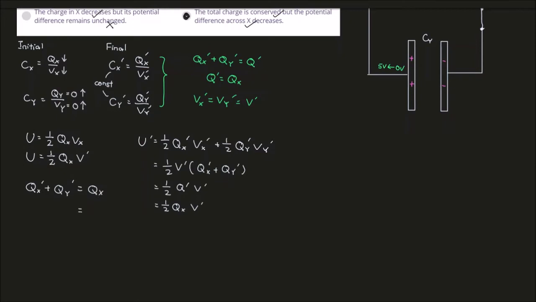So now we can try to manipulate this equation by converting charge to be expressed in terms of capacitance and potential difference. So now here will be Cx Vx prime plus Cy Vy prime. Then this one will be Cx Vx. This one should not have a prime because this is the old situation.